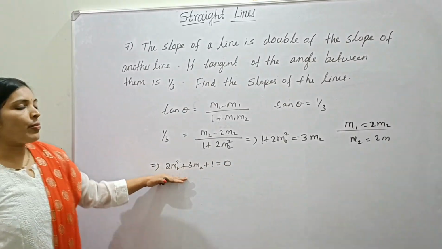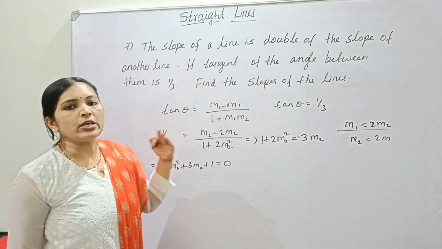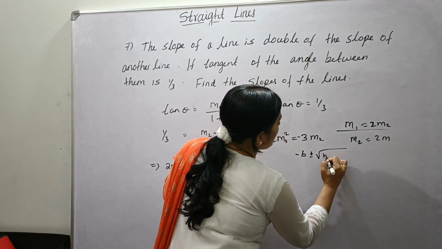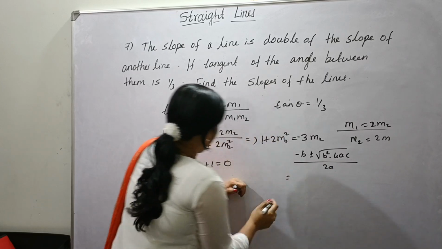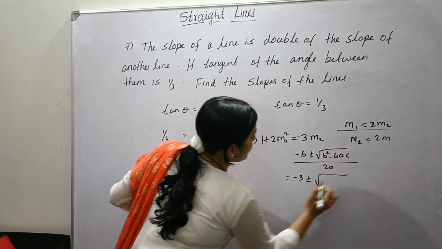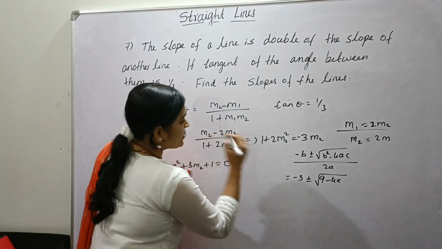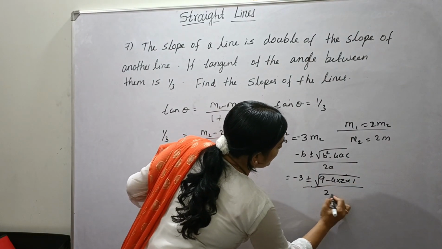Now it is the form of quadratic equation of m2, and let us find the m2 using quadratic formula, that is minus b plus or minus square root of b square minus 4ac divided by 2a. Minus b is 3, so minus 3 plus or minus square root of b square is 9 minus 4 into a is 2 into c is 1 divided by 2 into 2.